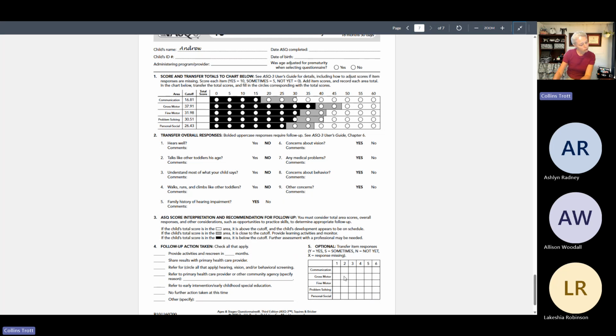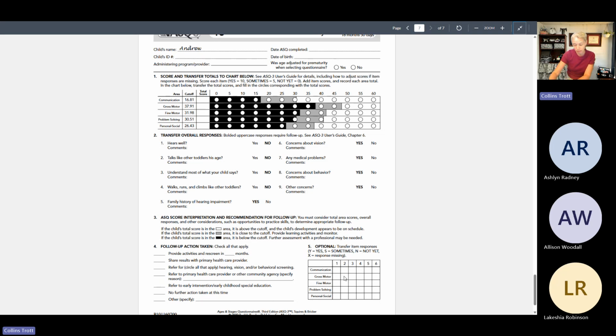So let's see. So gross motor is going to be Y, Y, Y, Y, Y, N. Fine motor is Y, S, Y, Y, N, N. Problem solving is N, Y, Y, Y, N, Y. And personal social is Y, Y, Y. I'm leaving number 4 blank because remember that parent did not answer that question.